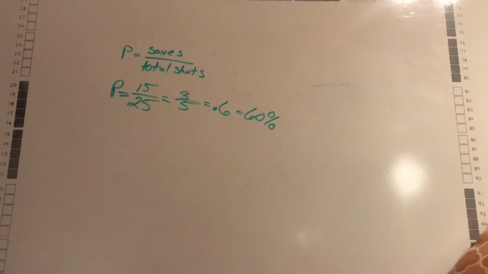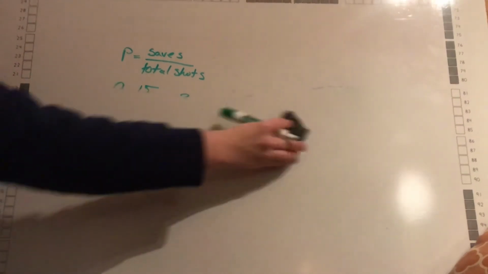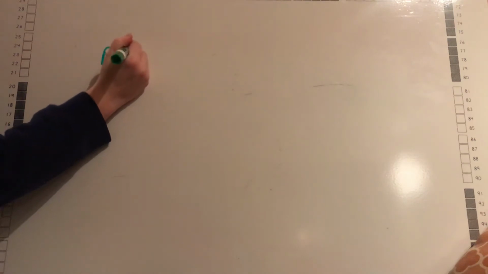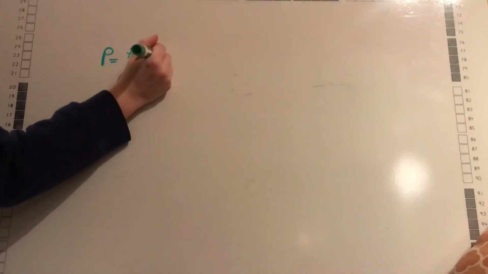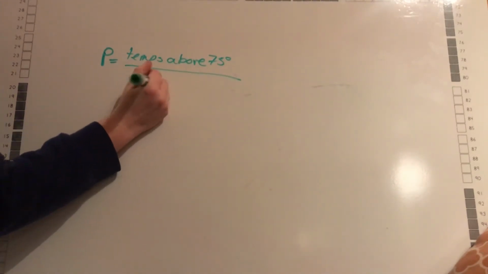So the next example is we have somebody who was recording the temperature every day. So he's got 3 weeks, so 21 days of temperature recordings. And it says, what is the probability that the temperature will be above 75? So what he does is count the number of days that the temperature was above 75. So P equals temps above 75 degrees over total days.